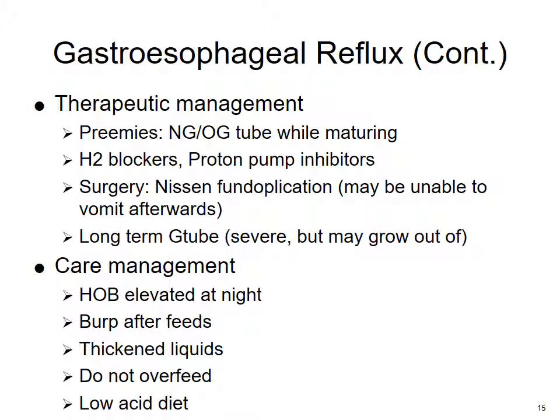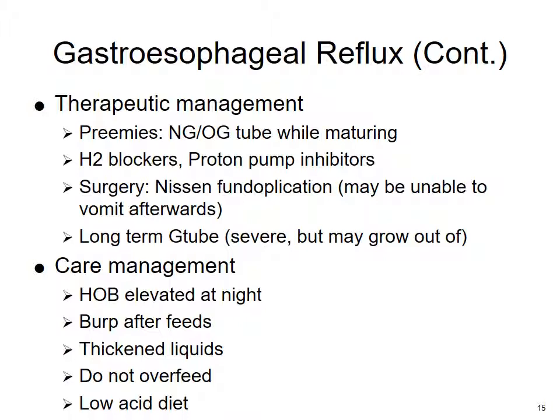Long term, if it's a very severe case of GERD, a G-tube may need placed through the abdomen wall. It's not uncommon at children's hospitals to see children getting a Nissen fundoplication procedure with a G-tube placement. The good news is that they can grow out of needing that, and that can be reversed.